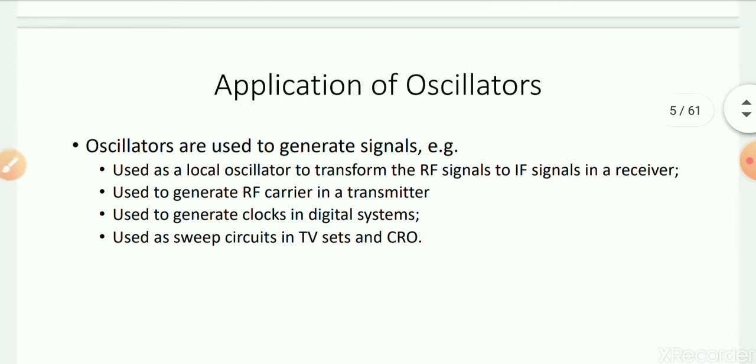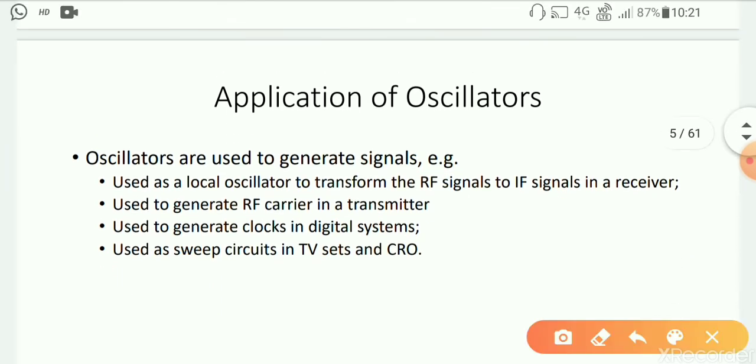Oscillator, basically we know that it generates the signal. It is used as a local oscillator to transfer the RF signal to the IF signal in a receiver.